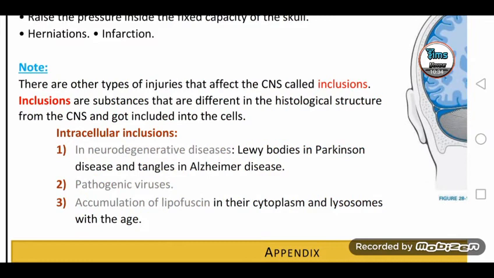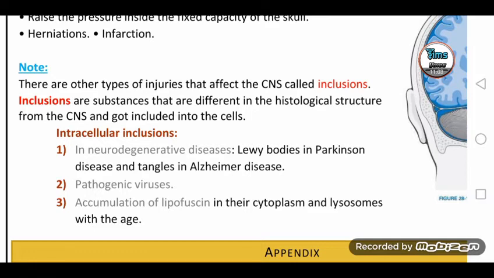The inclusions are substances that are different in the histological structure from the CNS and got included into the cell. The normal histology of a neuron does not contain these inclusions. But if they were deposited in the cell, they may cause a neuronal injury.